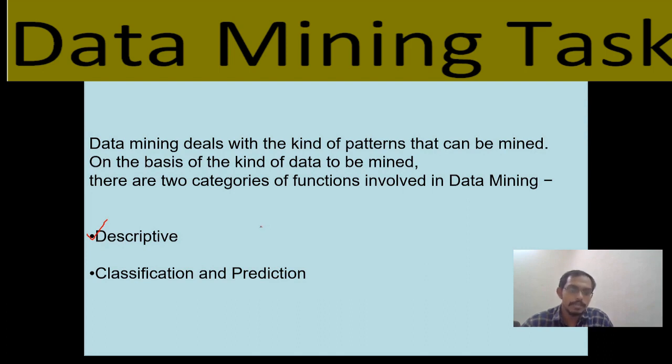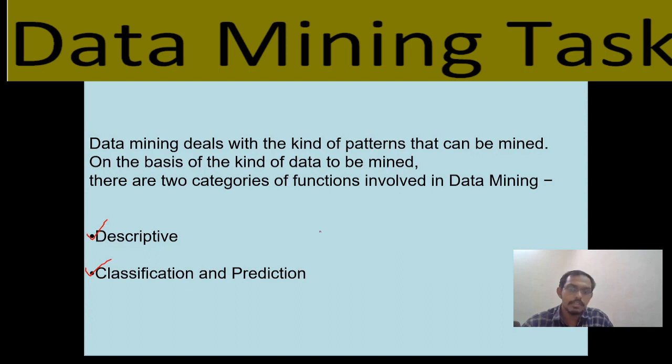We can represent each and every piece of information in a relational background, and use different tables in one connection. So if you search for one piece of information, it is easily available from any kind of data set. So basically that is the descriptive, and the second is the classification or the prediction.